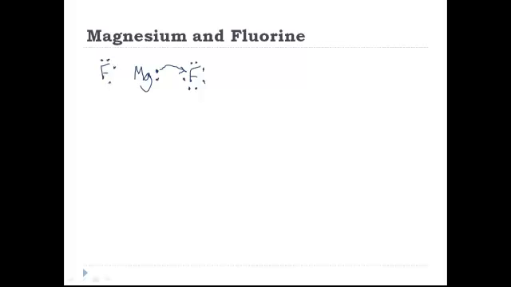So here's another fluorine with 7 valence electrons. Magnesium can give its other valence electron to the other fluoride ion to make an ionic bond. So here, instead of just MgF getting together, we're going to have 1 magnesium and 2 fluorines.